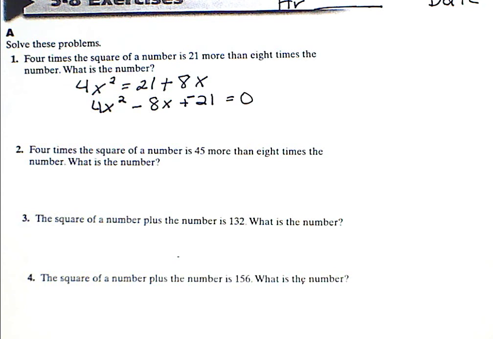So you want to take 4, square the number, 4x squared equals 21. And then you put it all and put the square first. If you get it, you can go on. I'm going to do the next step and then I'll show you.